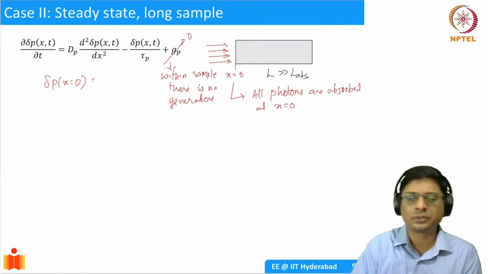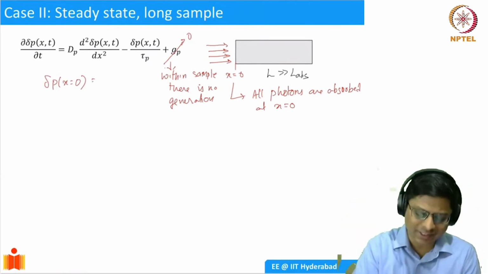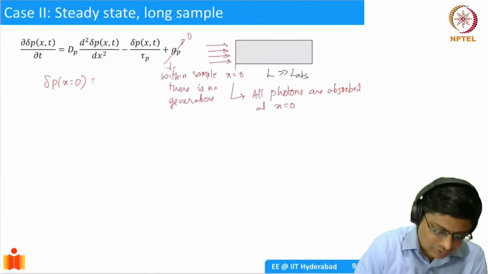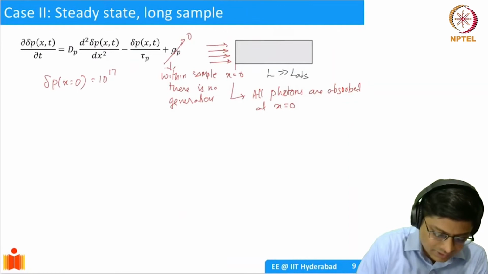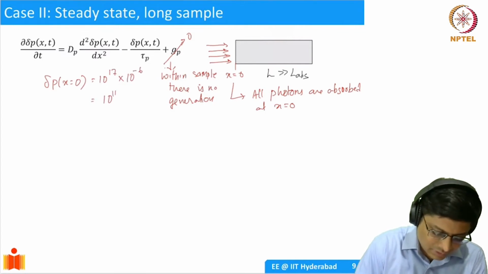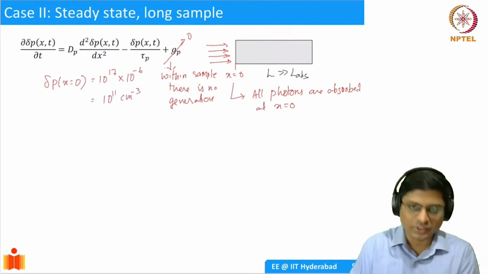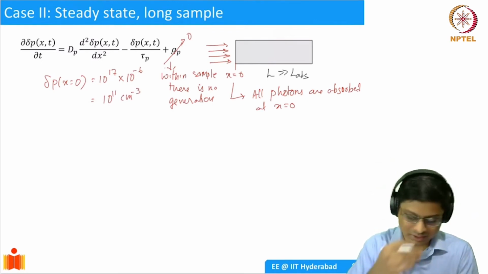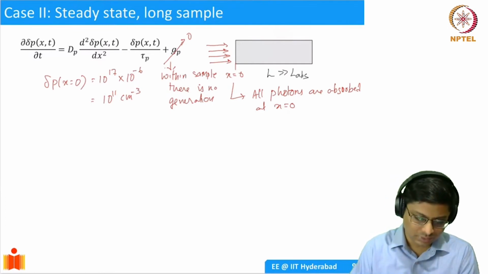If you have a rate of 10 power 17, that's what we took last time, right? So let's take the same numbers. 10 power 17 times tau p, which is 10 power minus 6. So we will have 10 power 11 per centimeter cube concentration at x equal to 0. We are shining light, all of it is getting absorbed, and it's creating this much excess minority carriers at x equal to 0.